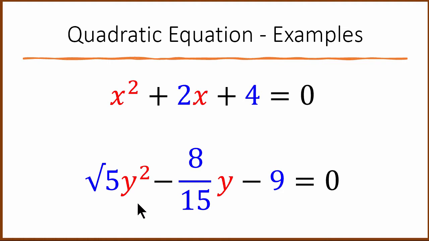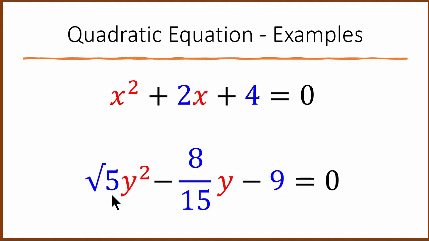Now let's look at the second equation. This is an interesting equation. I've chosen it specifically to show some key points. The first point is that the variable does not have to be x. It can be y, it can be z. As long as the variable is unknown, it does not matter. The second thing that makes this equation interesting is that the coefficients are not just integers.